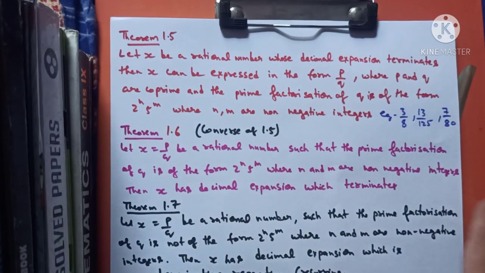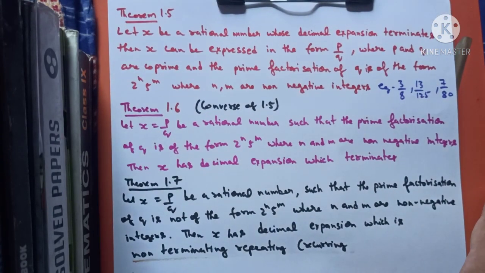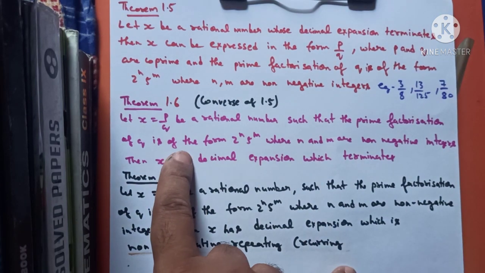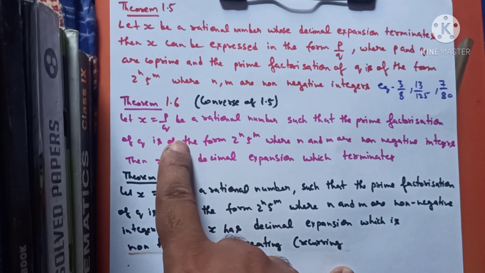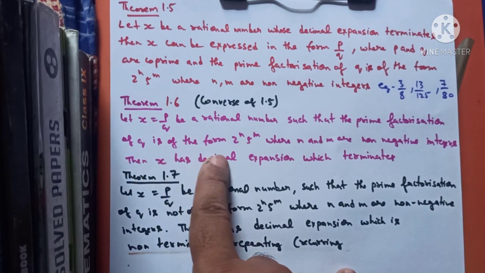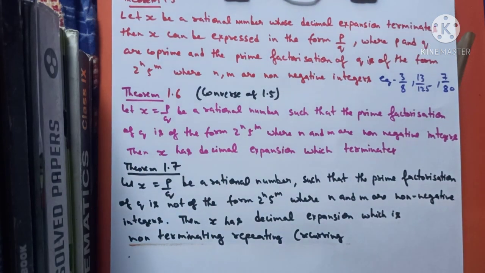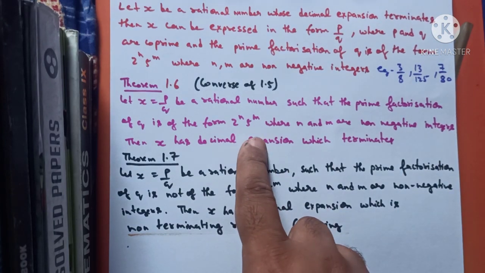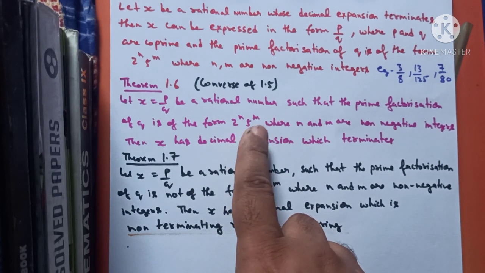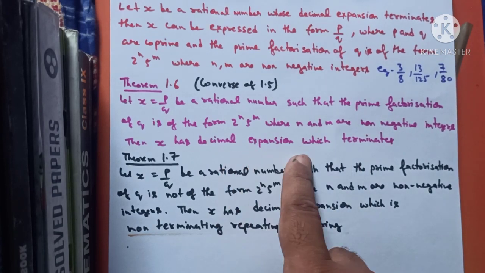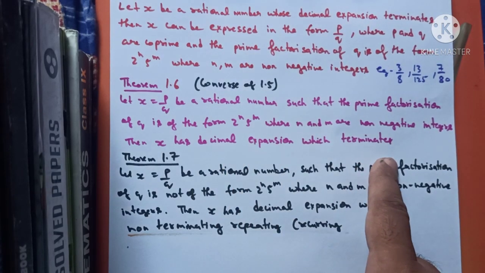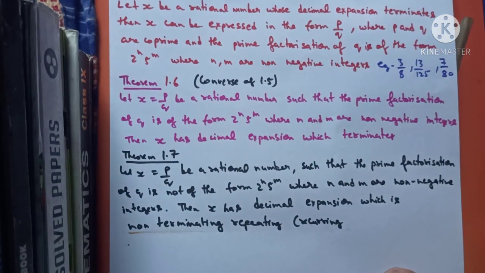Now the converse, theorem 1.6, states that if any rational number can be expressed in the form p by q, such that the denominator q is of the form 2 power n into 5 power m, then this rational number p by q has a terminating decimal expansion. Just the converse of the above theorem.